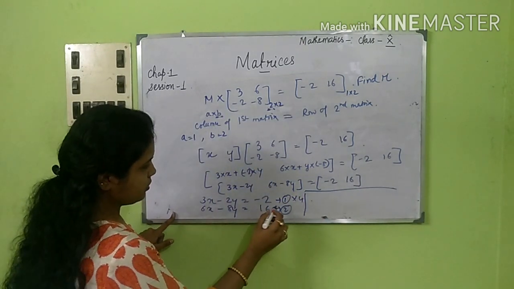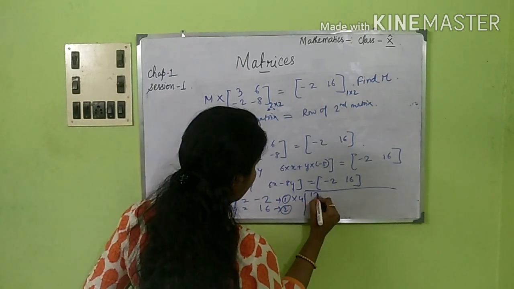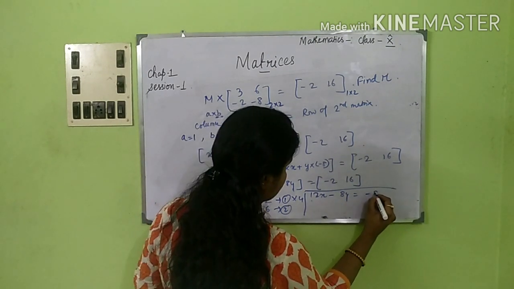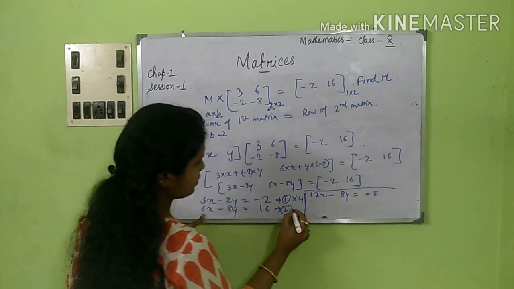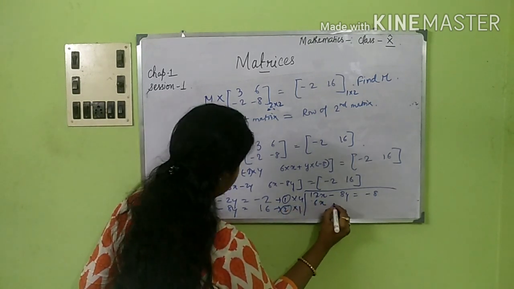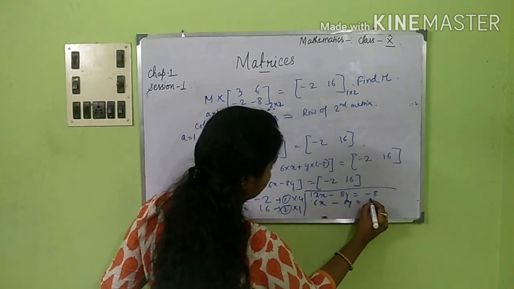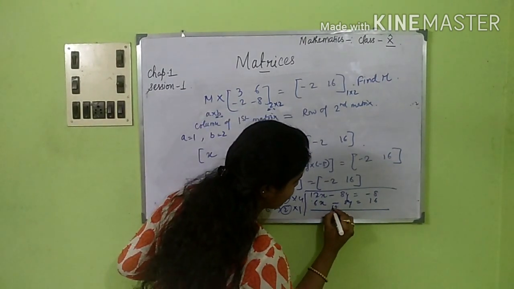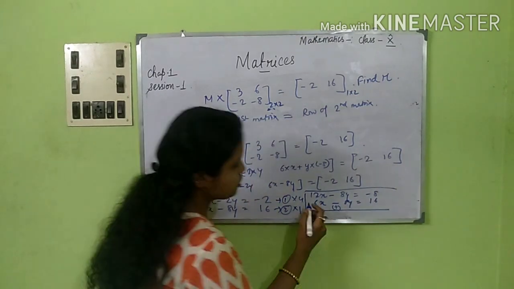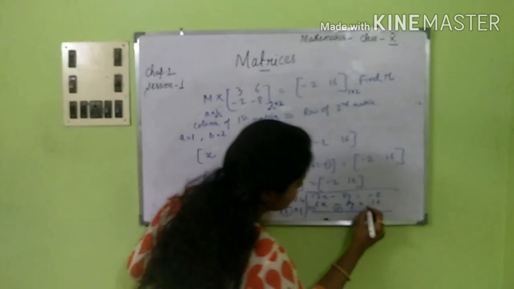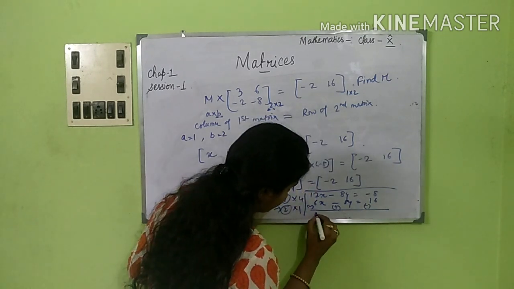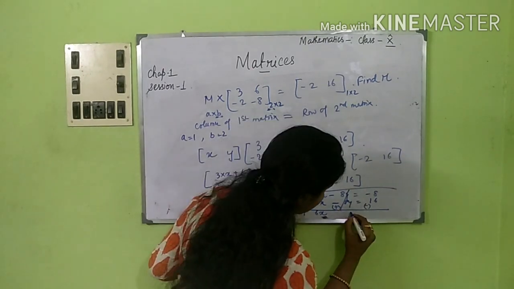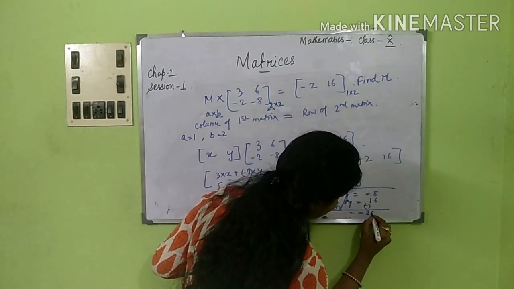Okay, so this is coming to 12x minus 8y equal to minus 8, and this is multiplied by 1 only, 6x minus 8y equal to 16. Now, as you know, we are going to subtract, so change the sign of the lower equation. This will change to minus sign, this will also change to minus sign. So here you are getting 12x minus 6x, that is 6x, the 8y is getting cancelled, that is equal to minus 24.